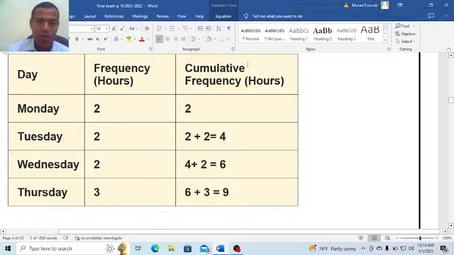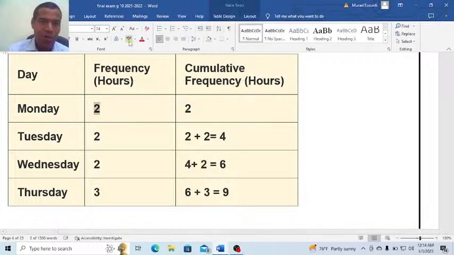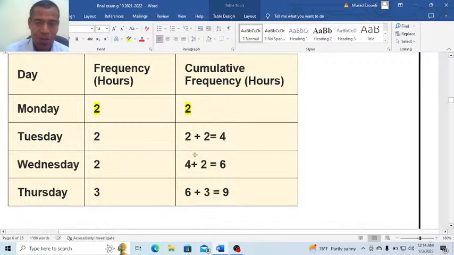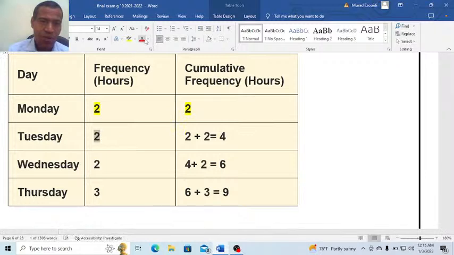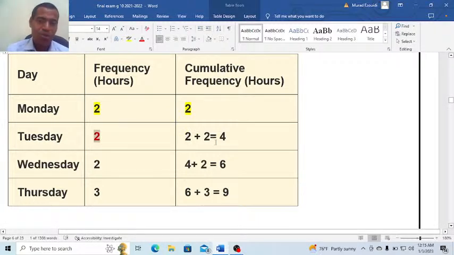For the cumulative frequency in terms of hours, this 2, I will write as it is, not changed. To find the cumulative frequency on Tuesday, I will just add 2 to this 2 on Monday. Then 2 plus 2 is 4.